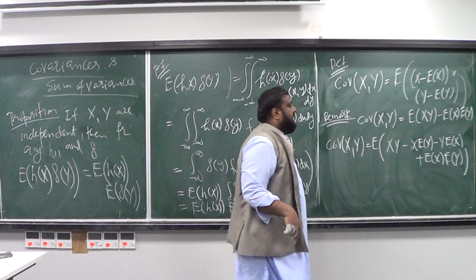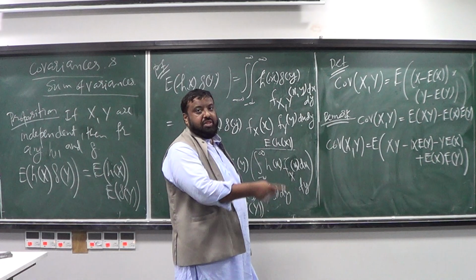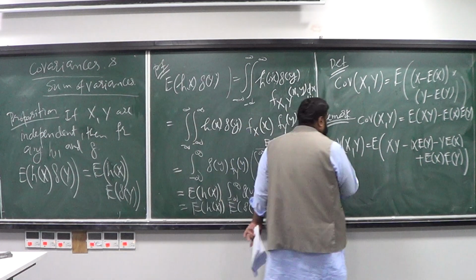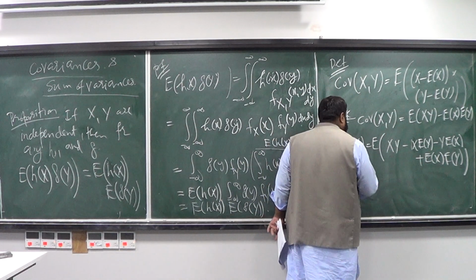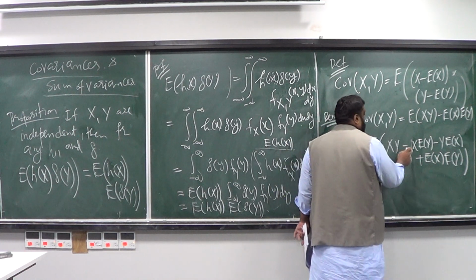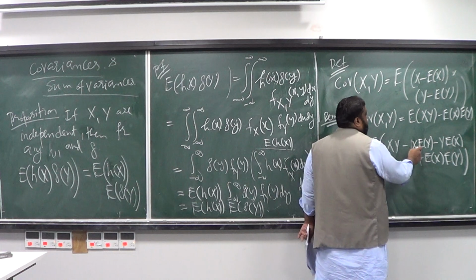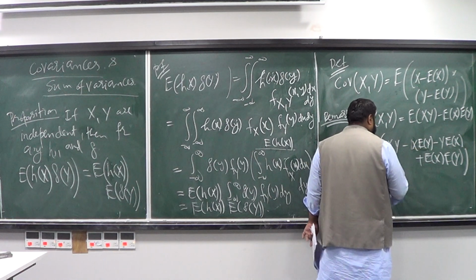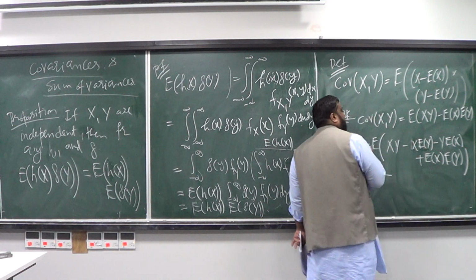by the previous property that the expectation of a sum is the sum of expectations, this is the same as expectation of xy minus, so you're going to have expectation of x times this number. If you wish, you can pull this out of the expectation.